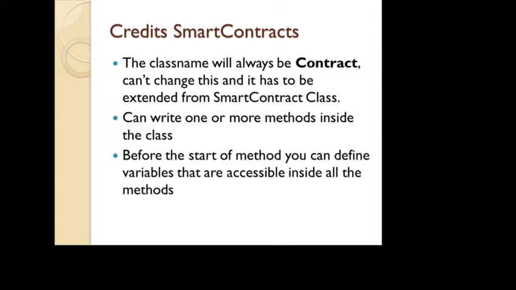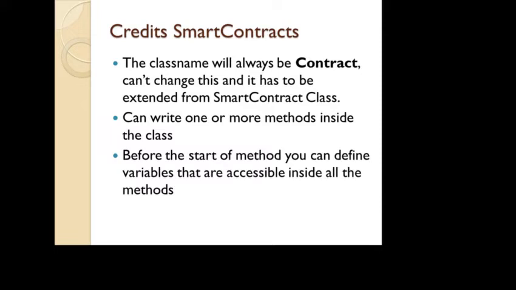Okay, so now let's talk about smart contracts, the theory behind them. When you're trying to build Credits smart contracts, the main class name has to always be Contract. You can have classes within this class, but the main class name has to always be Contract, and it has to extend from a SmartContract class, right?